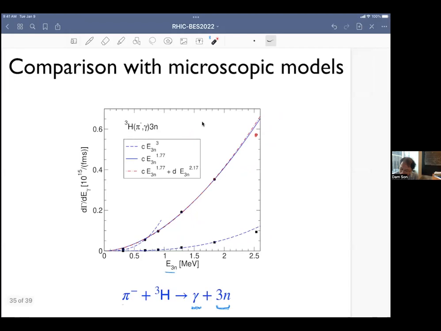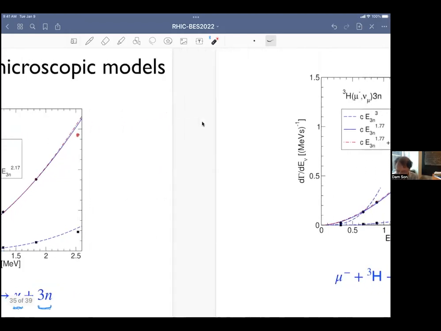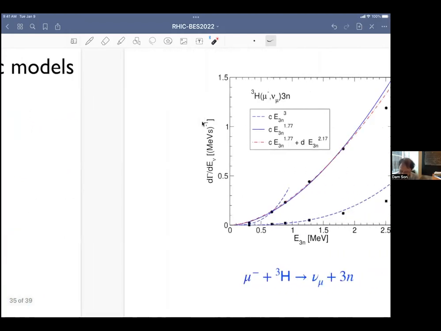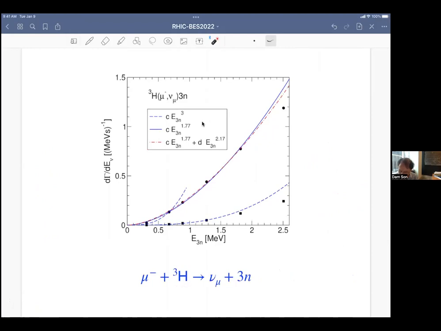The same comparison can be done for the similar reaction with the muon, where the pion pi minus is replaced by the muon, and emission of a photon is replaced by nu mu. We also see that these several points seem to fit quite well with the simplest power law behavior predicted by non-relativistic conformal field theory.